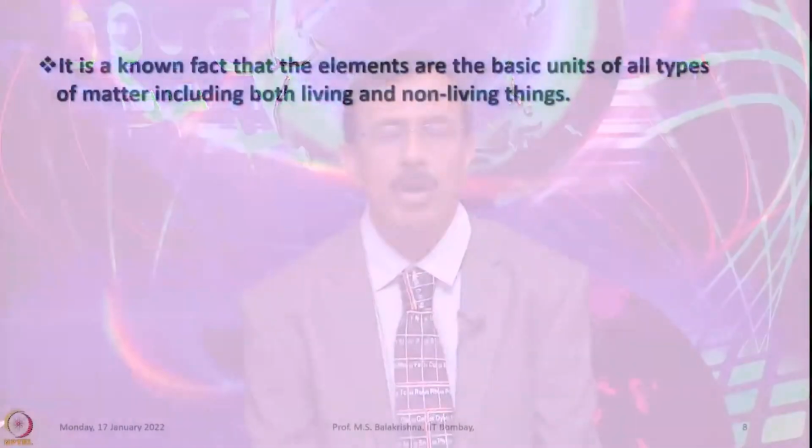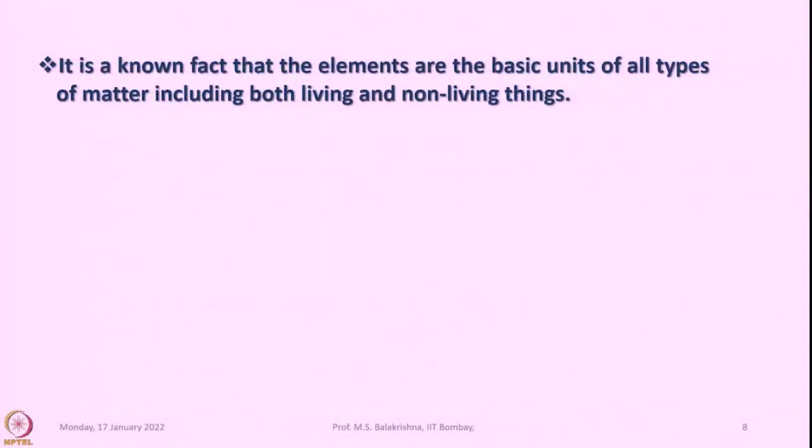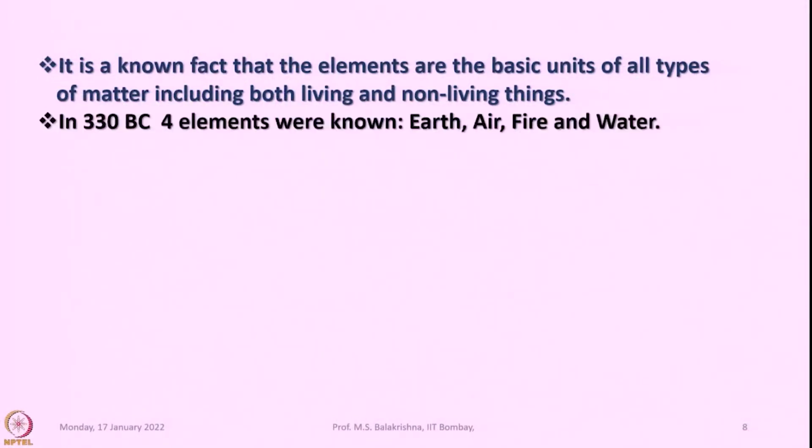And it is a known fact that the elements are the basic units of all types of matter, including both living and non-living things. And as I mentioned, about 3500 years back, Indians brought the concept of 4 elements. They are earth, air, fire and water.